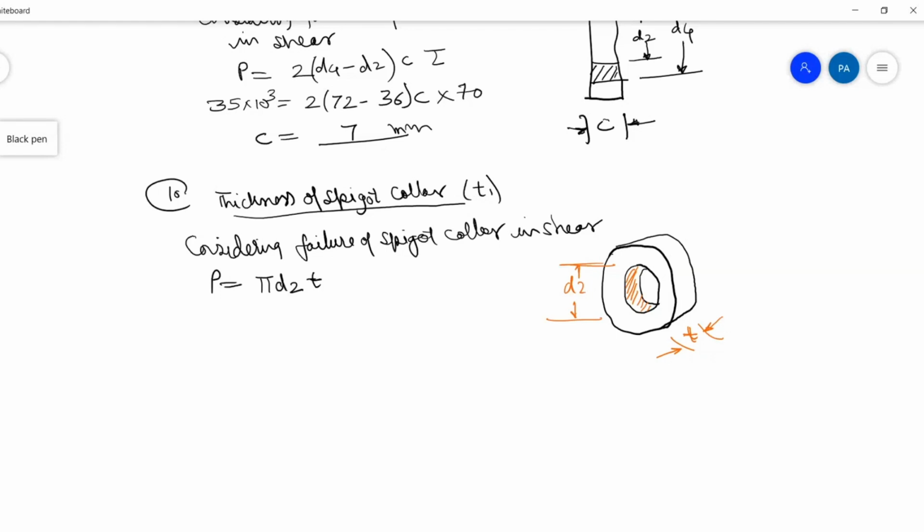T thickness. Since this is failure in shear on the periphery, the question of single or double shear will not arise. So it is pi D2 into T into tau. So we substitute the values for T1.